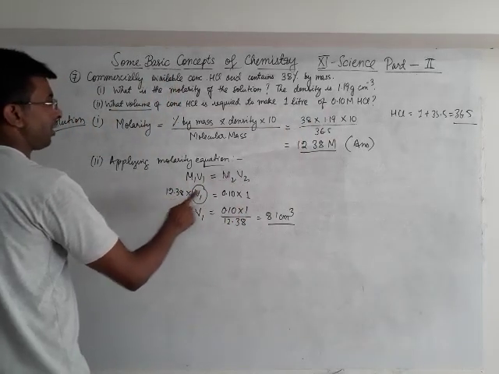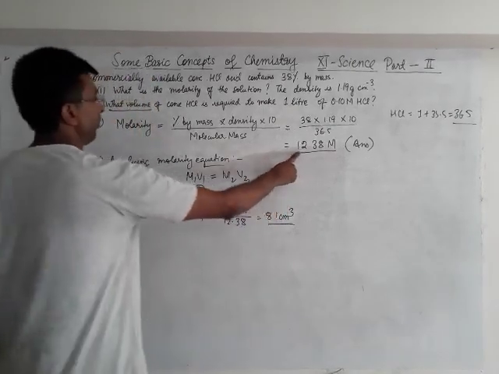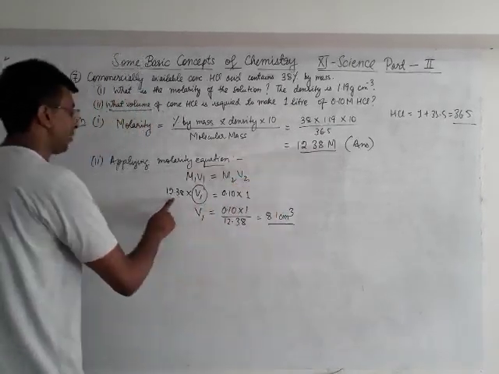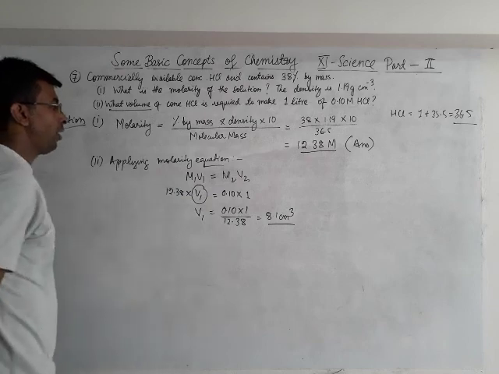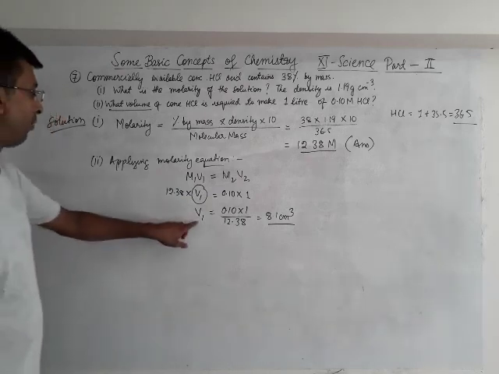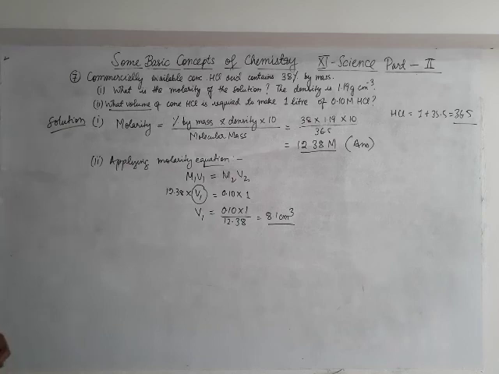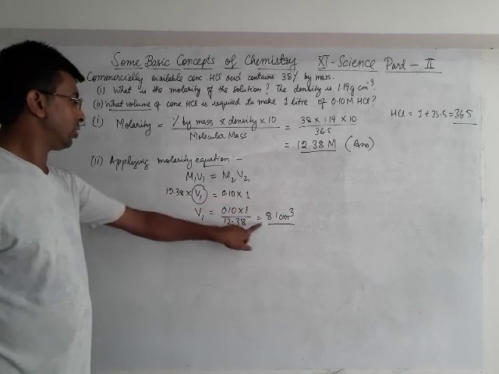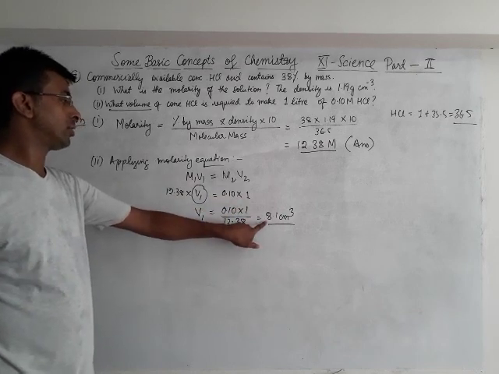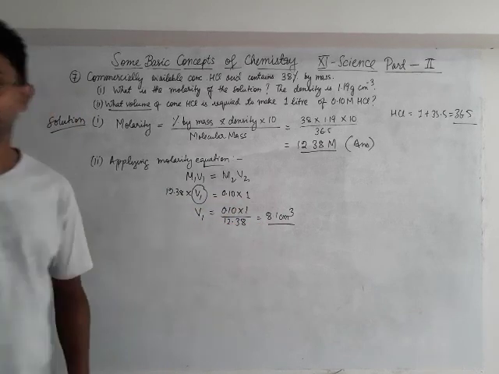This M1 we have already calculated in the first part, the molarity over here 12.38 m. So 12.38 into V1 is equal to 0.10 into 1. Therefore V1 is coming to 8.1. I have converted it already into centimeter cube because you will be using liter, no? So the answer is already converted into centimeter cube, 8.1 ml. So this is the second answer.